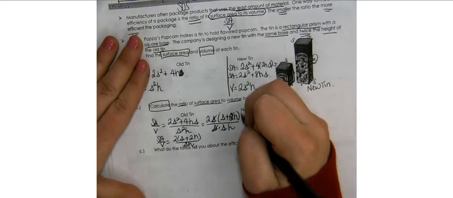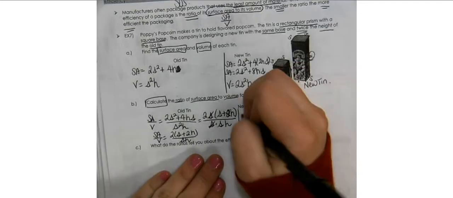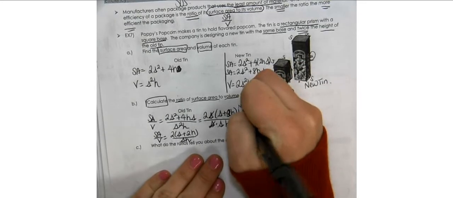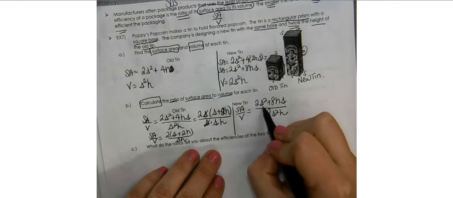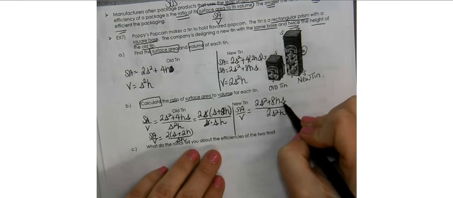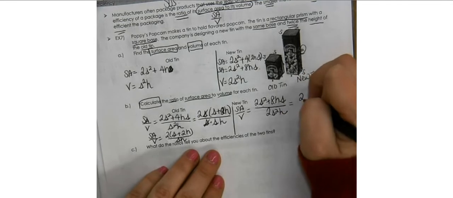Let's look at the new tin. The new tin, I'm going to look at the surface area over volume. So my surface area, that was 2S squared plus 8HS divided by 2S squared H. So both in the numerator, 2S squared and 8HS both have in common a 2S.